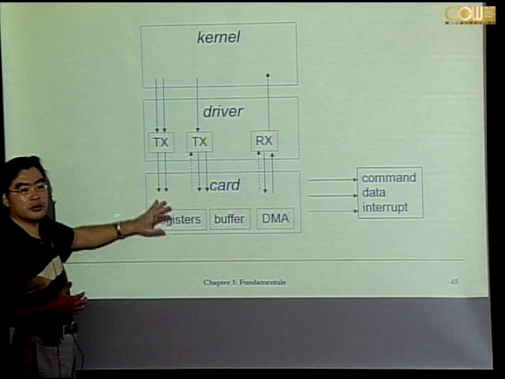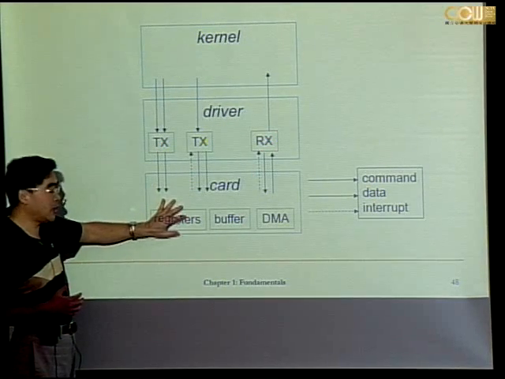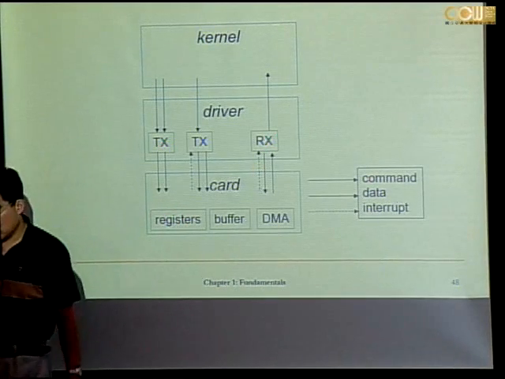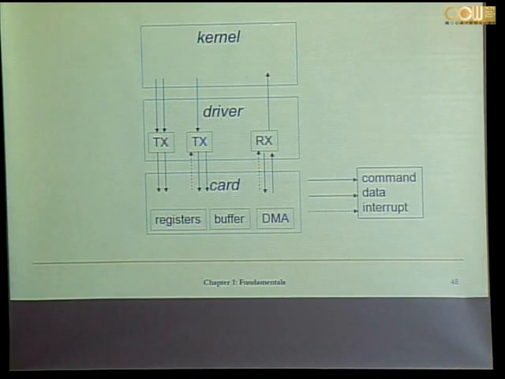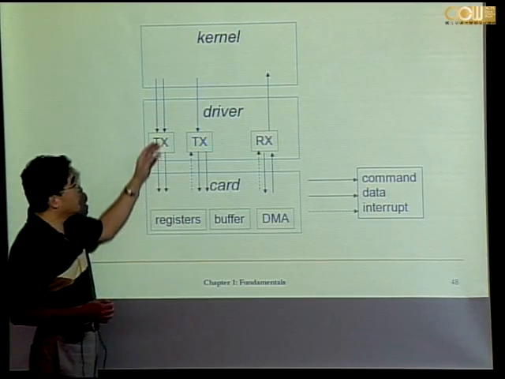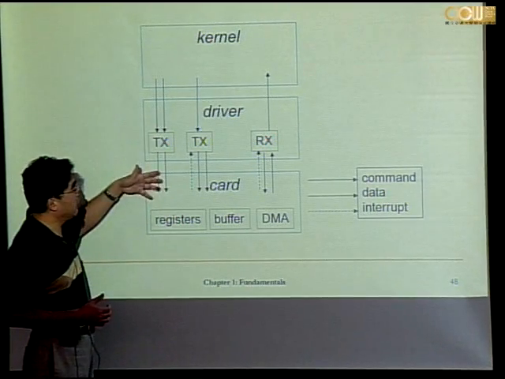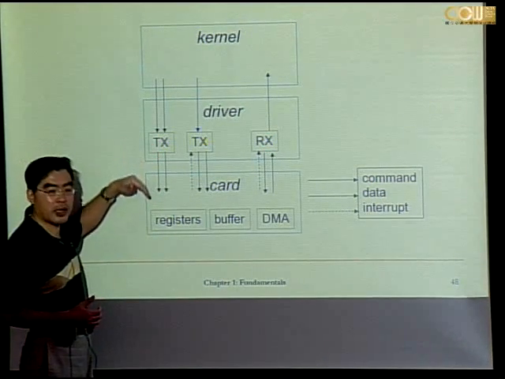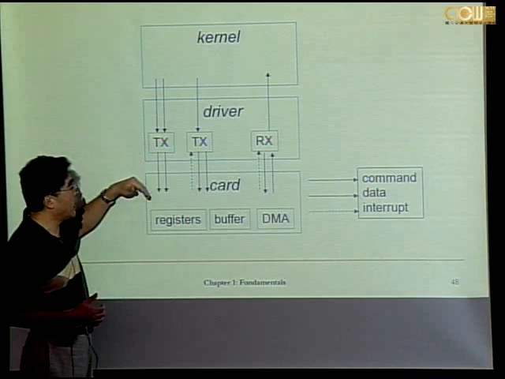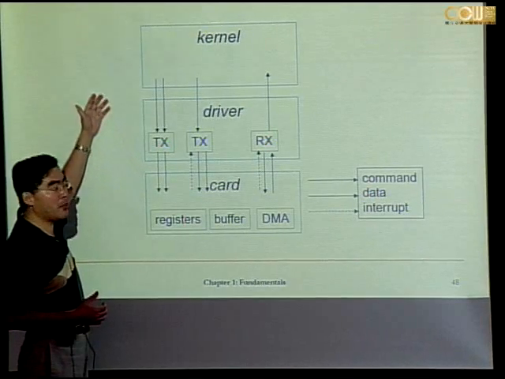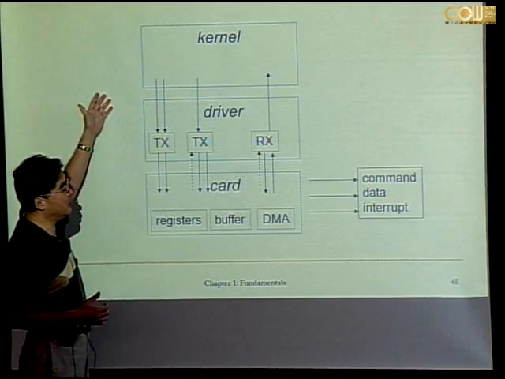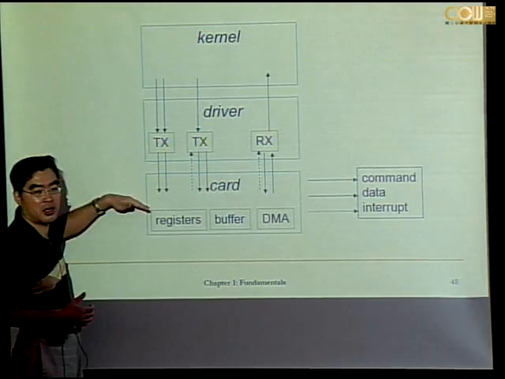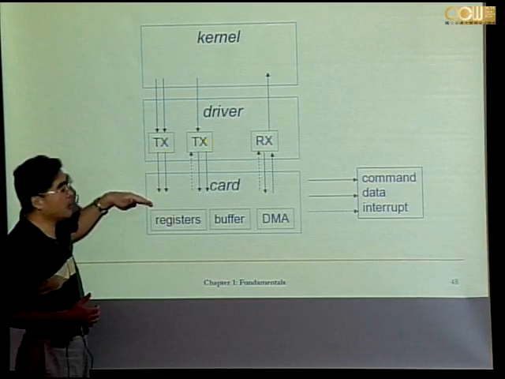Okay, and then the hardware on the adapter card will do the job depending on the command. And usually when you want to transmit a packet, you tell the interface card, okay, I'm going to send a packet, and the packet is right now in the main memory, and you need to copy the packet from the main memory to the interface card by DMA.